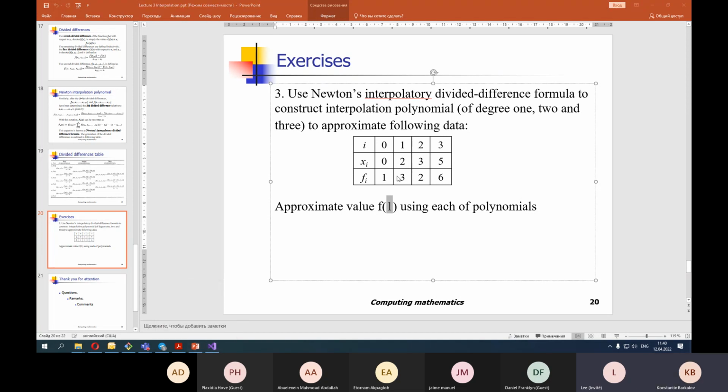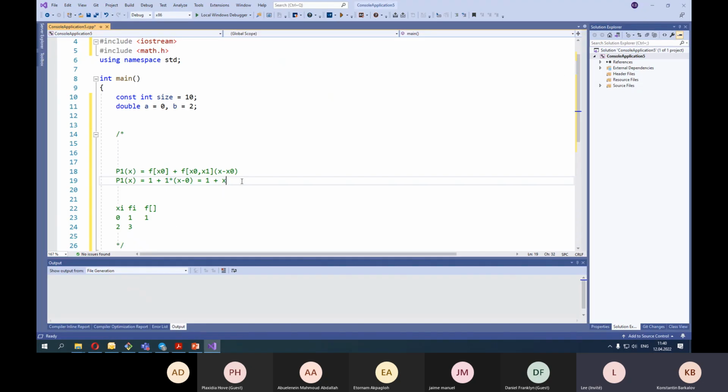And now we can approximate the value of a function using this interpolating polynomial. How to do it? Just substitute it here and find that p1 of 1 equals to 1 plus 1 equals 2.